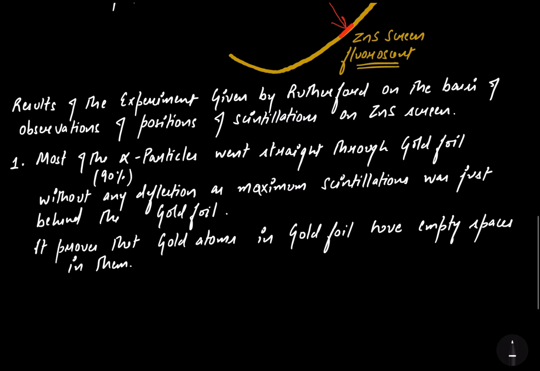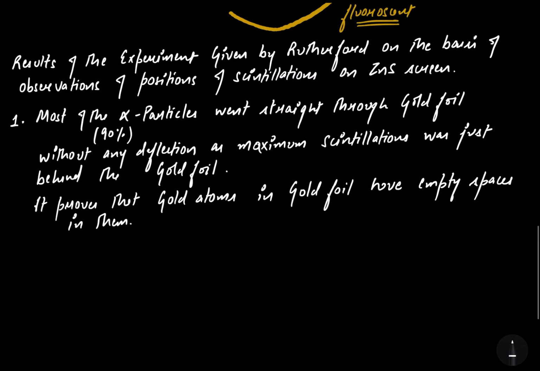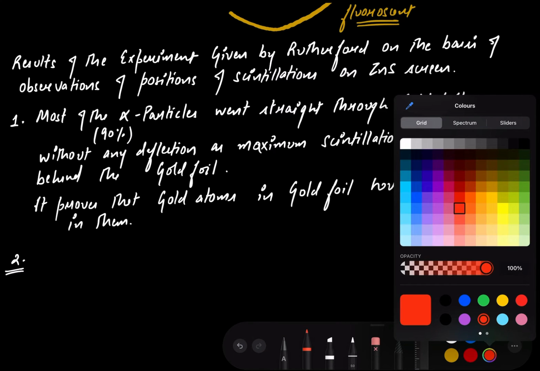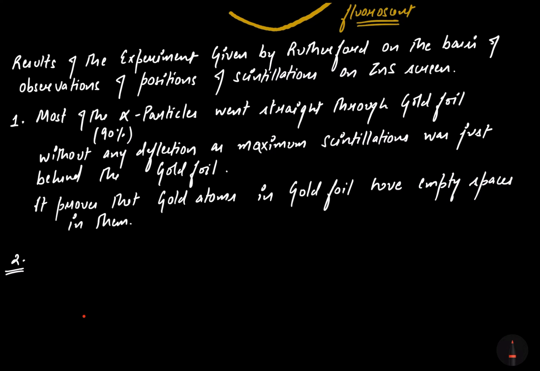So now let's talk about the second observation. Before starting the second observation, let's first discuss the angle of deflection. What do we understand by the angle of deflection? Please have a look at this diagram. This is the beam of alpha particles going on its path. At a certain point, this beam changes its path.